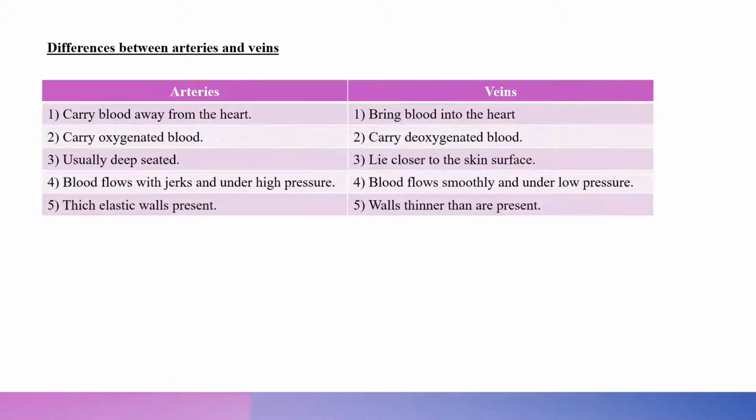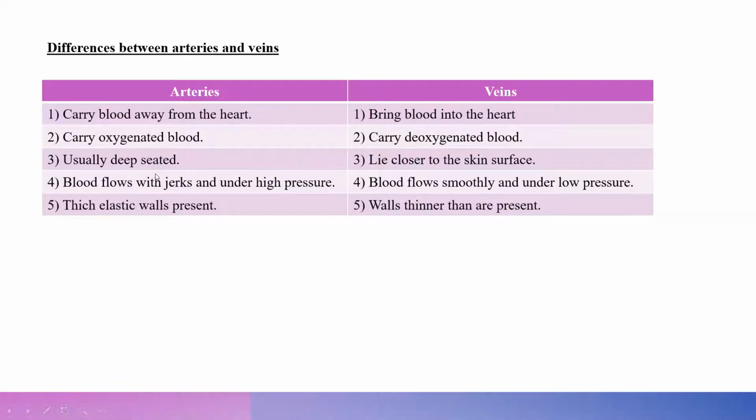Can you tell me before I show you the answer? Yes, the first important thing that we learned is arteries always carry blood away from the heart, and that is the oxygenated blood. But veins bring blood into the heart and carry deoxygenated blood. So these 2 points we covered in the previous video. These 3 points are new to us. Let us go through them.